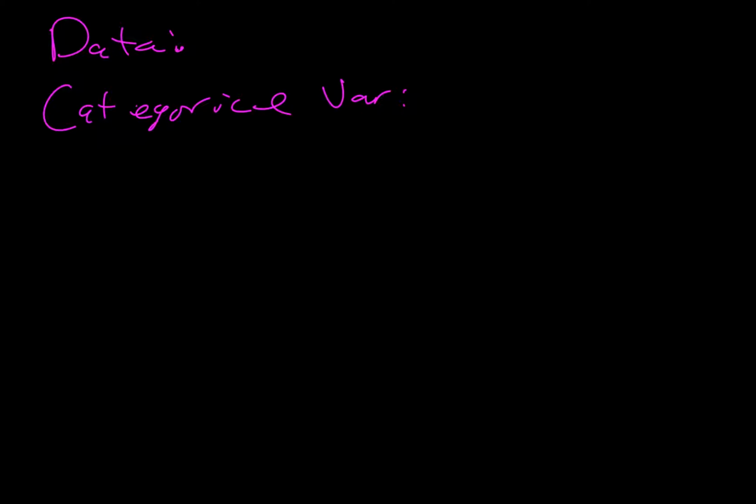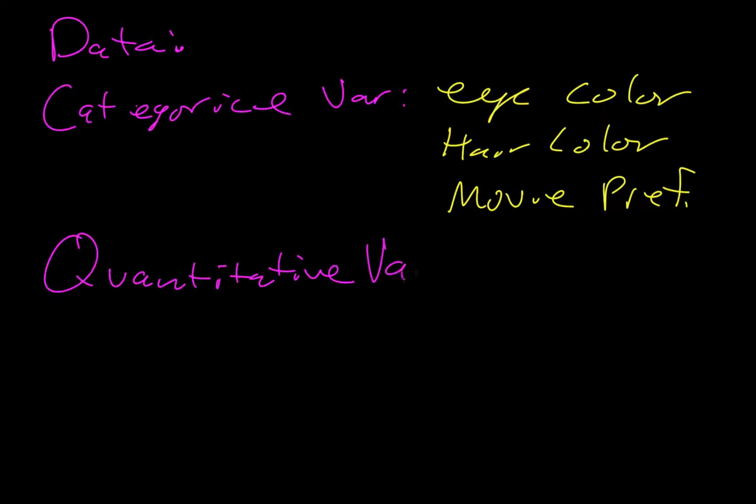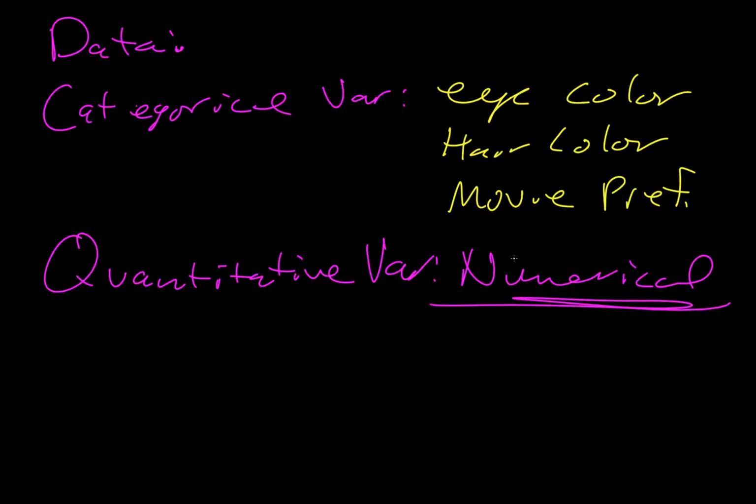Categorical would be like eye color, hair color, movie preference, things like that. Now, a quantitative variable is going to be something that is numerical. So that's going to be height, weight, age, anything like that.